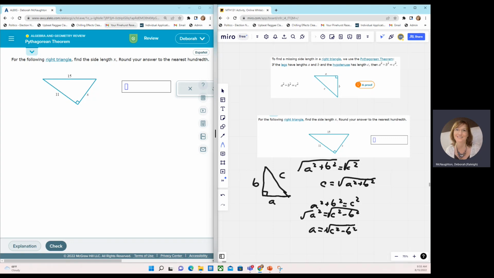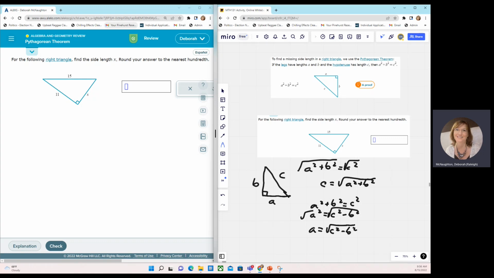And of course, B also equals the square root of C squared minus A squared. So if they ask you to find the hypotenuse, you take the square root of the sum of the squares of the two sides adjacent to the right angle. If they ask you to find a side, you take the square root of the hypotenuse squared minus the other side squared.